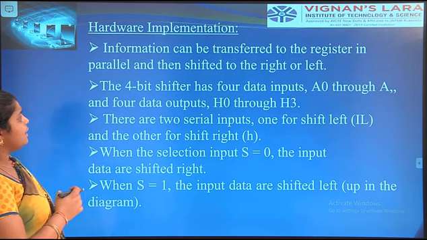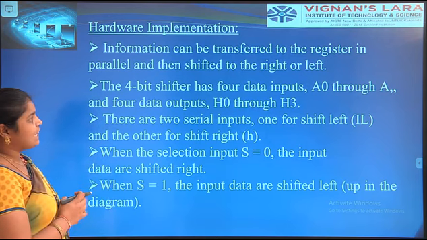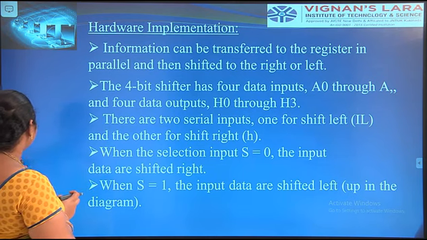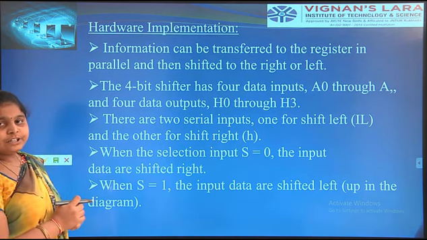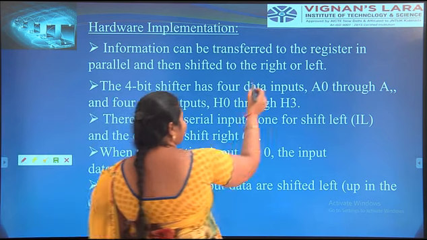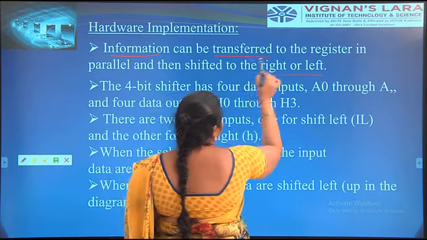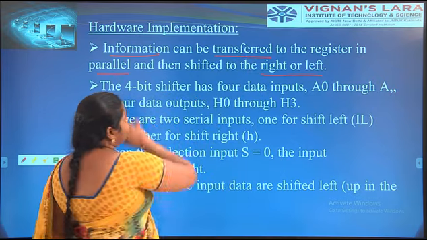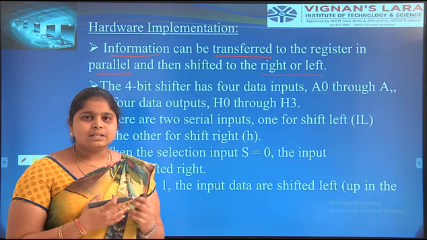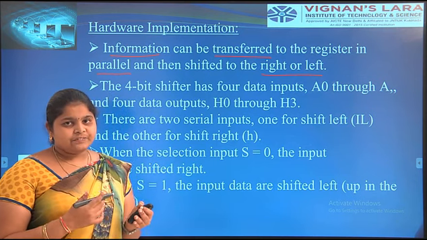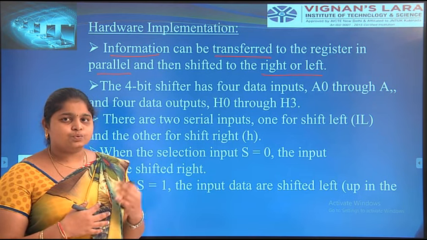Here we have to see the information about the hardware implementation. Information can be transferred to the register in parallel and shifted to the right or left side. What is the meaning of shifted? It means we perform two operations in each type.